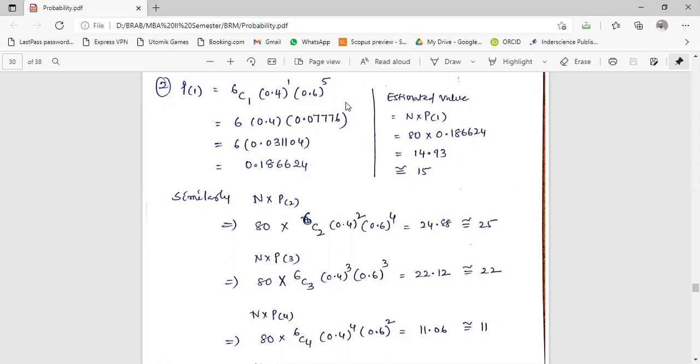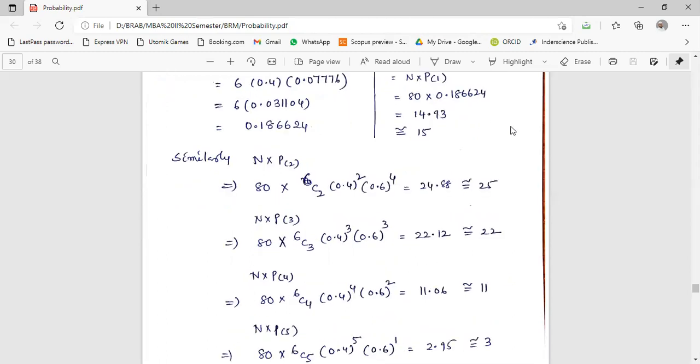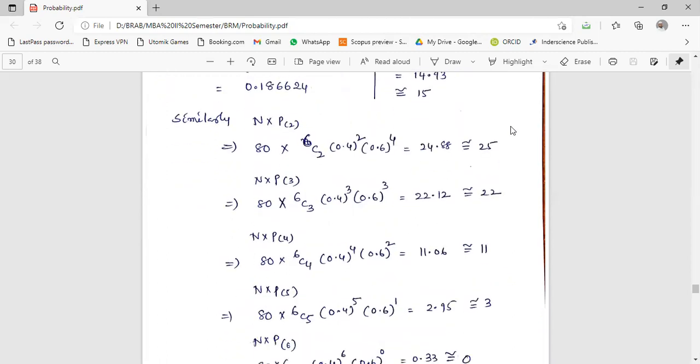Next, who will answer? Aishwarya, P of 4. Can you describe how you solve P of 4?